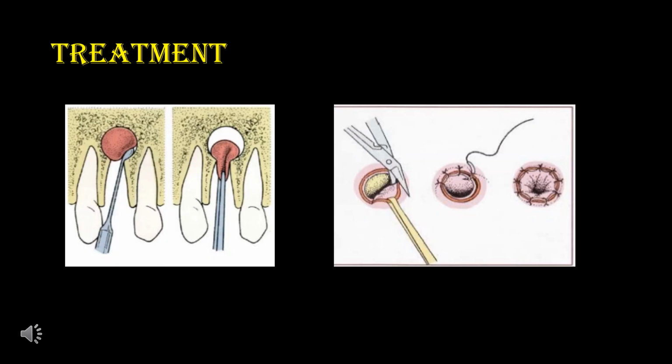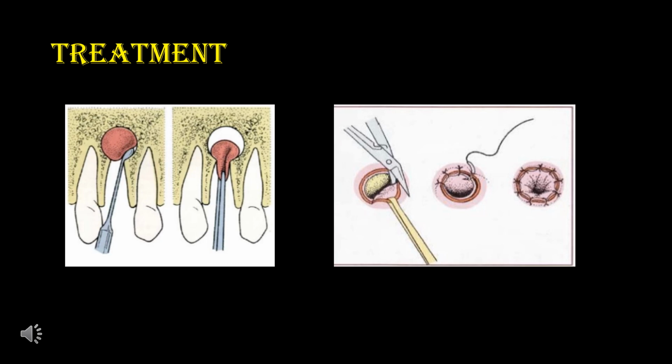Now we'll see the treatment of dentigerous cyst. The dentigerous cyst can be treated using enucleation or a marsupialization procedure. If the cyst is small in size, then we can go for enucleation. But if the dentigerous cyst is large in size, then we will go for a marsupialization procedure followed by the surgical excision of the cyst.